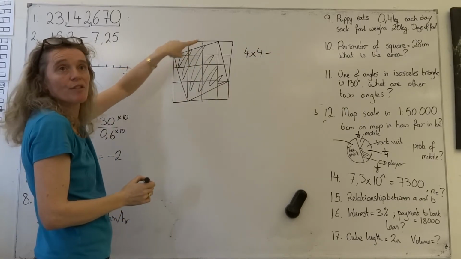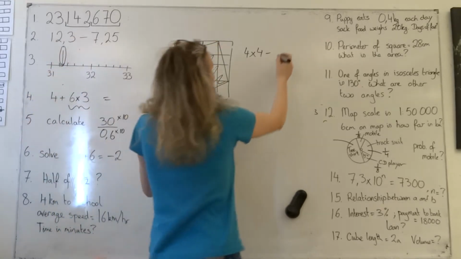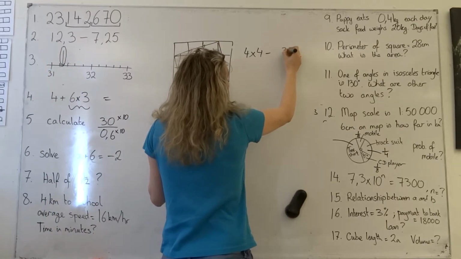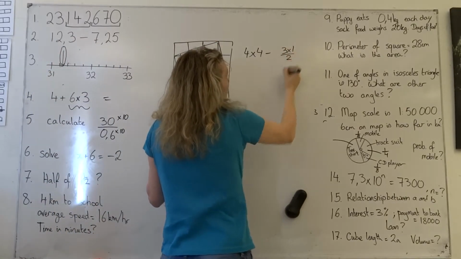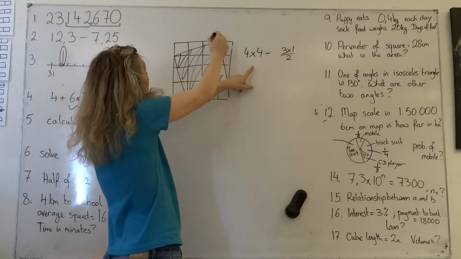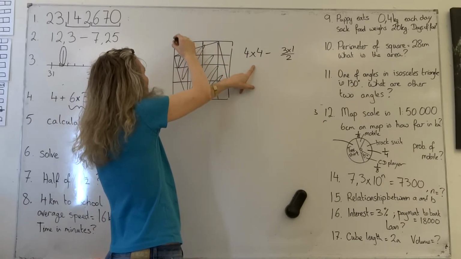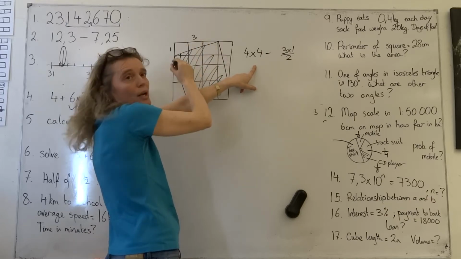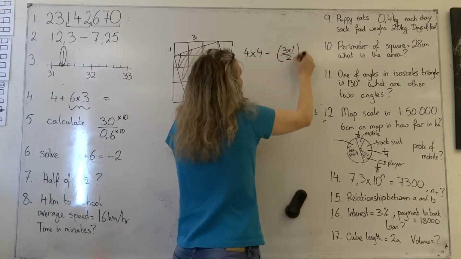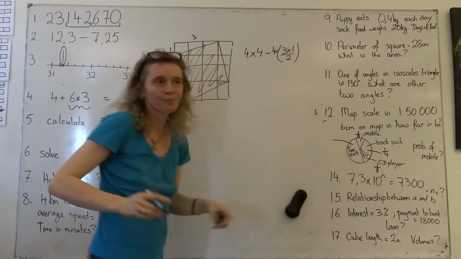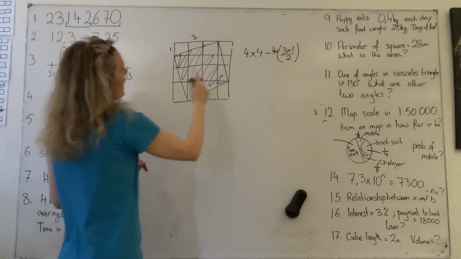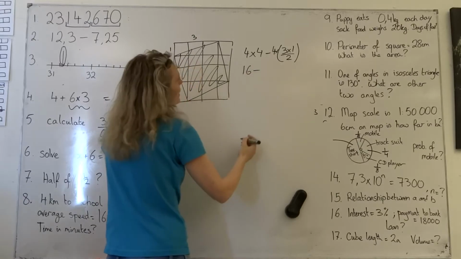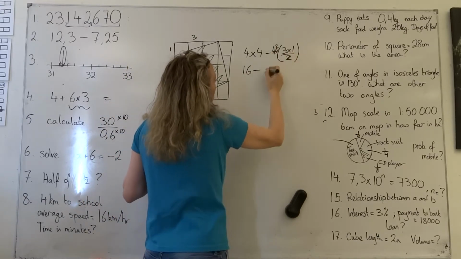minus the area of the 4 triangles. One of these white triangles will have the area of 3 times 1 divided by 2, and we have 4 of them. So you get 16 minus 6.